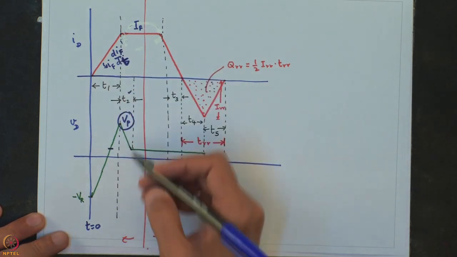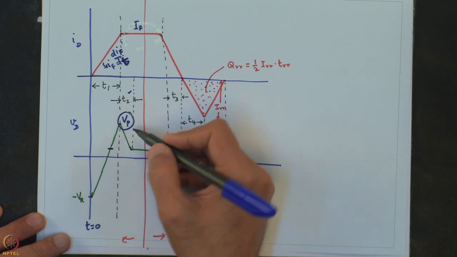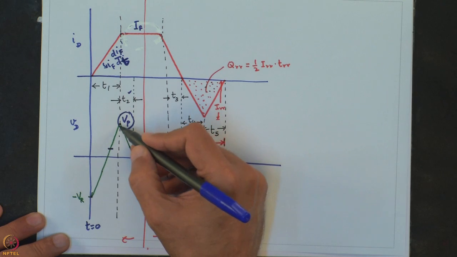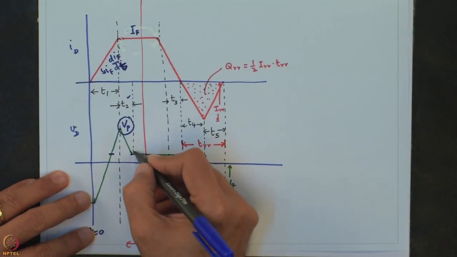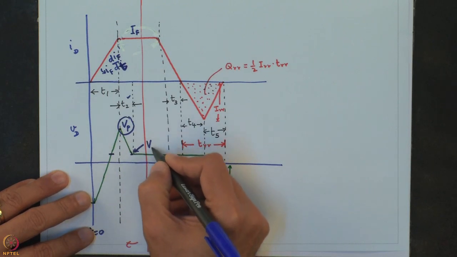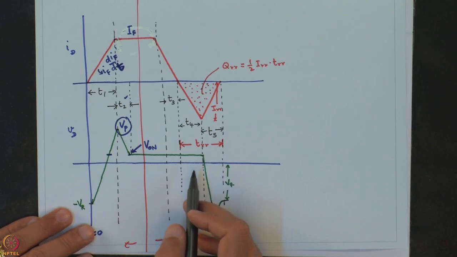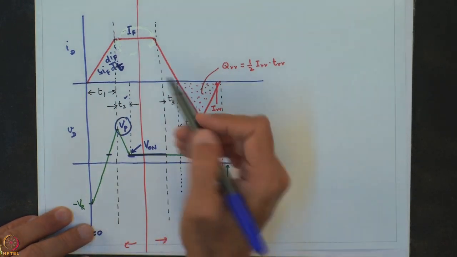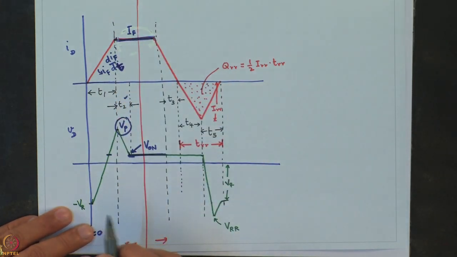And that is the reason you find that the voltage across the diode falls quickly from its value of Vp and it comes to its on-state value, the V on value. Now this is where it continues as long as the diode is conducting the forward current IF, which is shown here.